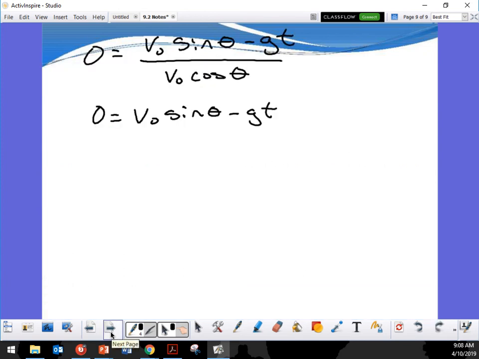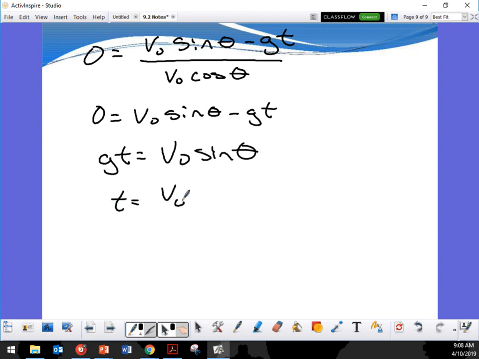So I'm going to have gt equal to v sub naught sine of theta. So t is equal to v sub naught sine of theta over g. We just algebra the crap out of this.